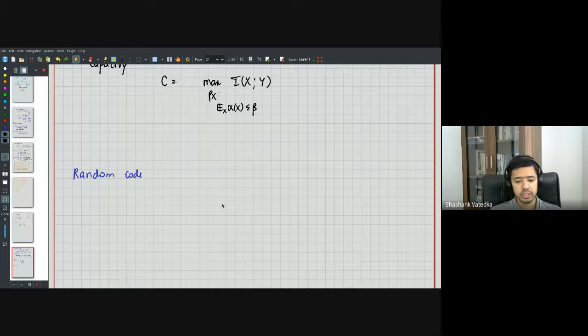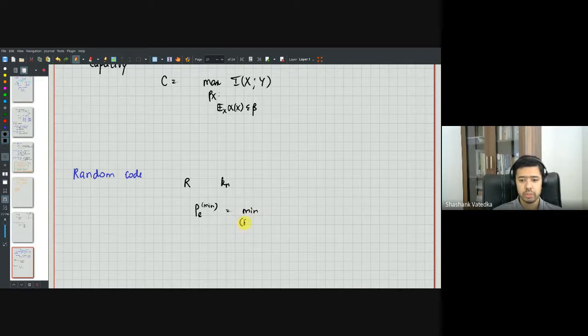Now, as I mentioned, the goal is to see what the best code can do, right? So ideally, given a particular rate r or given a particular kn for a given n, you want to know what is the minimum possible average probability of error achieved by the best possible code.